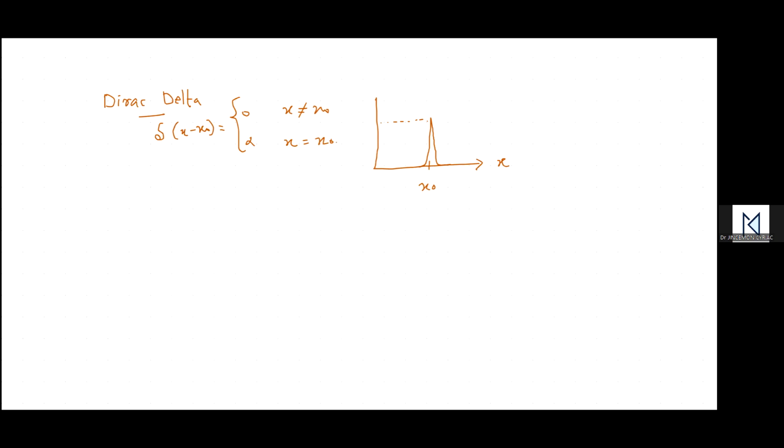Some more properties of this one. The important property is that delta of minus x, if the function is even, is equal to delta of x. Then delta of a into x, where a is a constant, is 1 by a into delta of x.